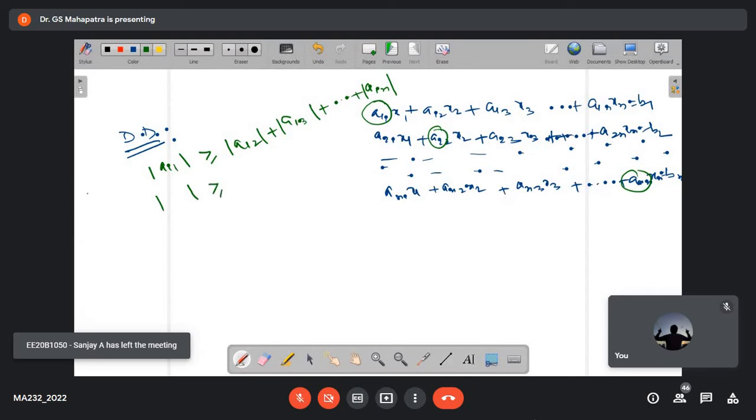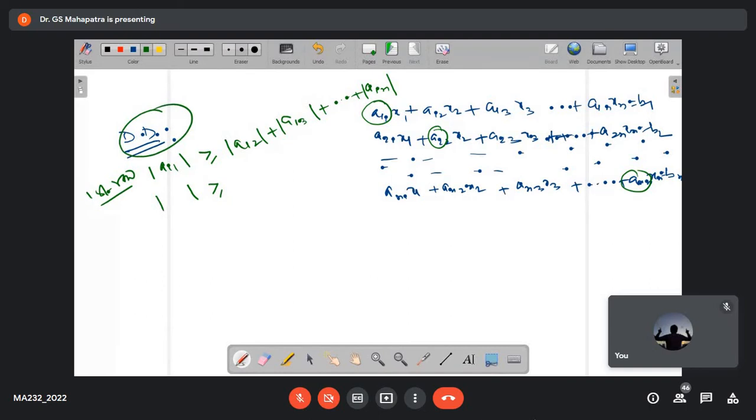This is for the first row, correct? Diagonally dominant means all the diagonal elements are greater than or equal to the sum of the other elements of that row. So modulus of A22 is greater than or equal to modulus of A21 plus A23 plus up to A2n. Similarly, the last one, Ann, should be greater than or equal to An1 plus An2 and so on up to An(n-1).